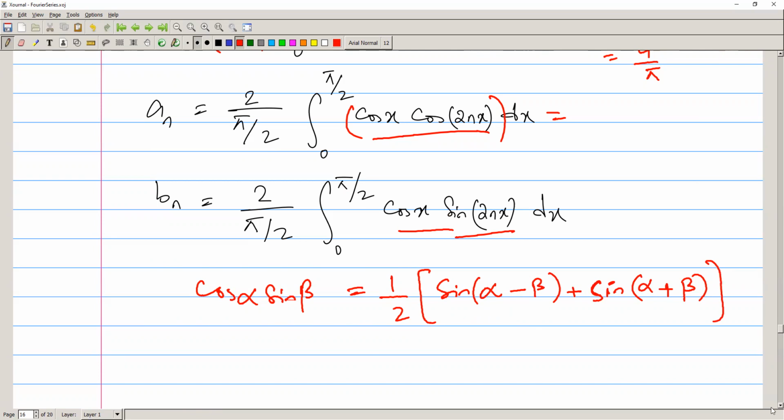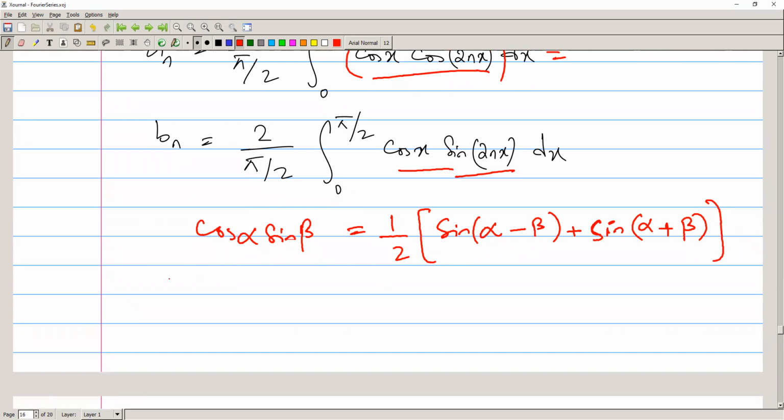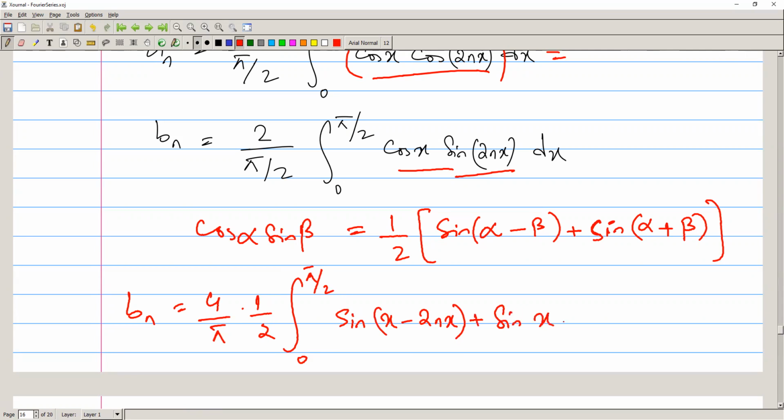If you break this, what we will get is 4 over pi times 1 over 2 into the integral from 0 to pi over 2 of sine x minus 2nx plus sine x plus 2nx. And we can see that now it's easily integratable, right?